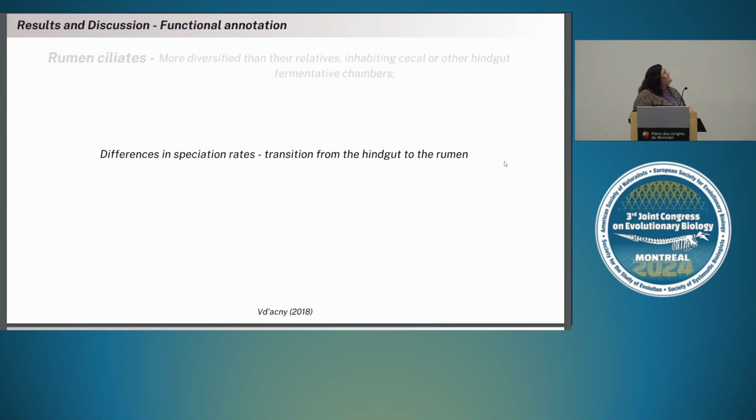And these differences in speciation rates may be related to the transition from the hindgut to the rumen during the evolutionary history of these organisms, because the hindgut was reconstructed as the ancestral environment of these organisms.